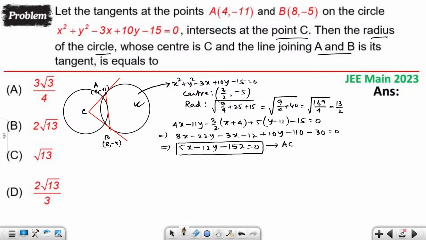Okay, so can we find in the similar way the equation of the tangent BC? Yes. How? This point is on the circle, so I can use the Cartesian form in the same way.